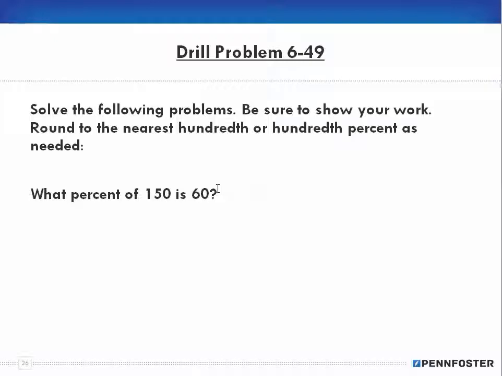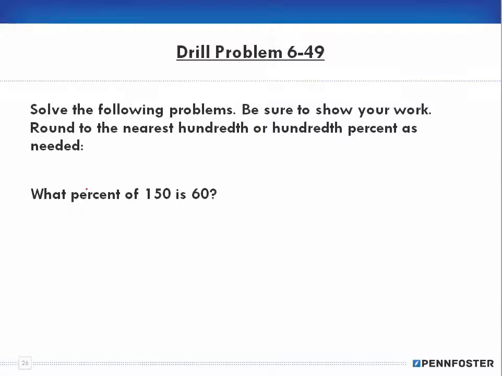Okay, 6-49. What percent of 150 is 60? Pay attention to this one very carefully, because anyone who ends up taking accounting, whether from a financial or managerial aspect, ends up with the same type of problem.